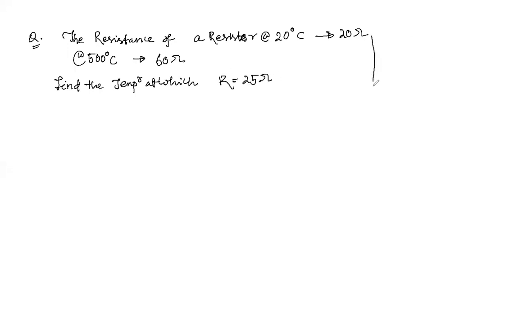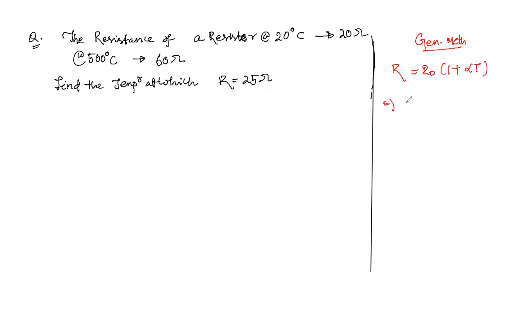Okay. So what are you going to do? I'll tell you how you usually approach the question. You will first write down the equation, the general method you will follow. R is equal to R naught into 1 plus alpha t.